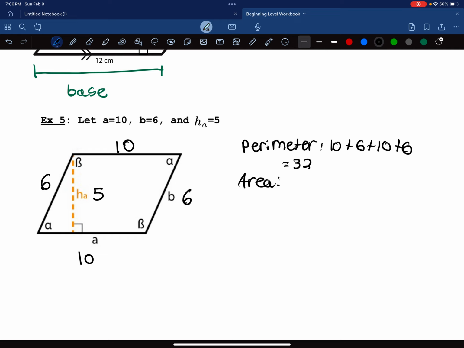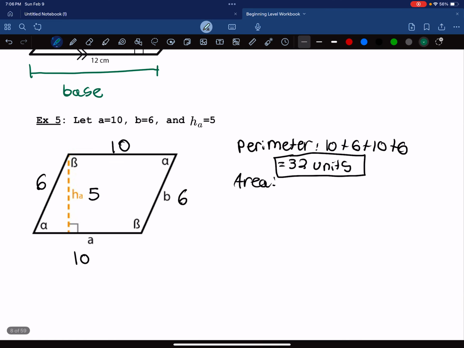In this case, there are no units. And sometimes we run into that. So you always just want to say 32 units. And then area, we know is base times height. So this is our base. This is our height.